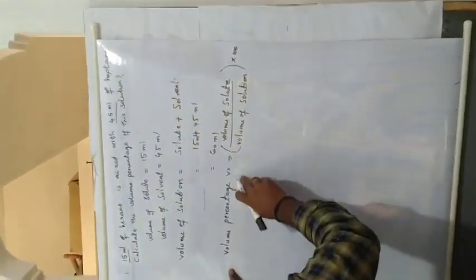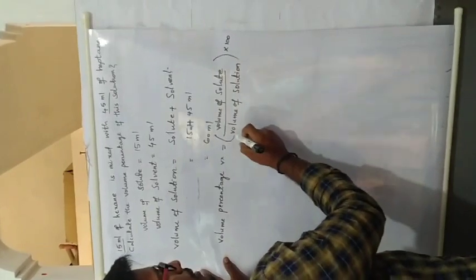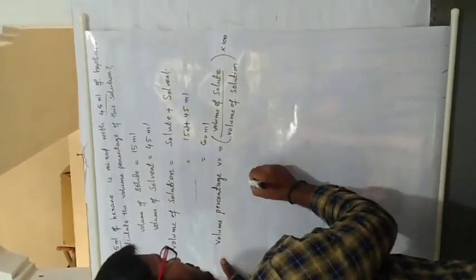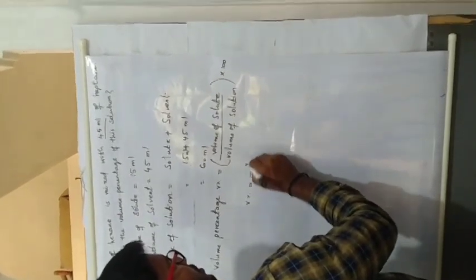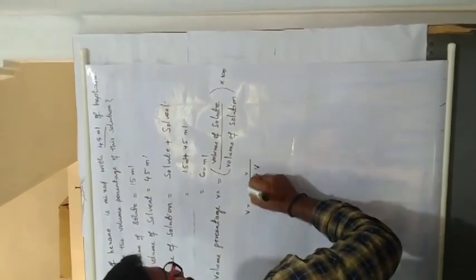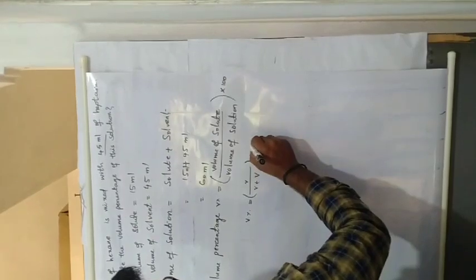That means small v by small v plus capital V into 100.